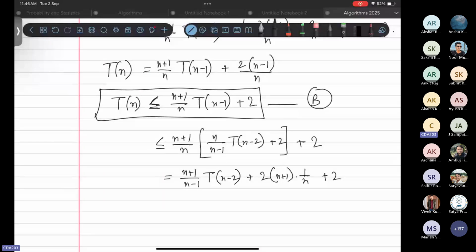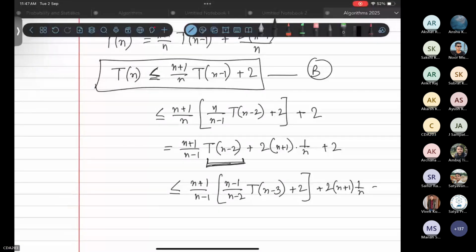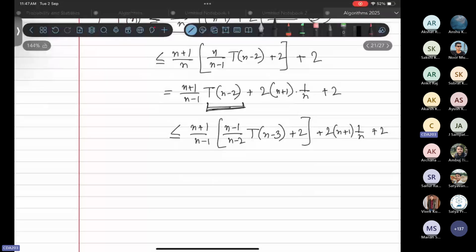So again, I'll replace this term over here, Tn minus 2. Then this one is lesser equal to n plus 1 by n minus 1 times, what should I write, n minus 1 by n minus 2, t of n minus 3 plus a 2, and these terms as it is. Right? And what does this give you?